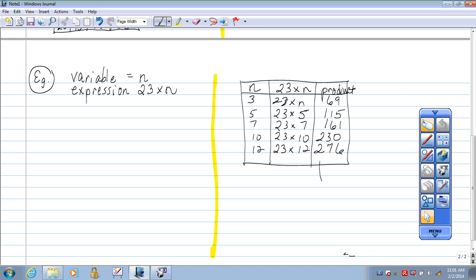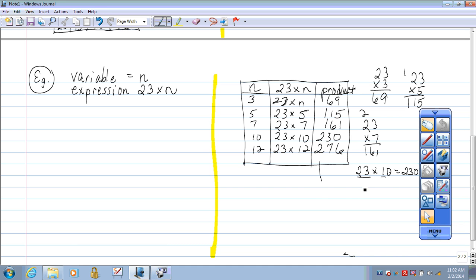So let's look at the math we used for this. The first one was 23 times 3. The second one was 23 times 5. The third one was 23 times 7. 23 times 10 is 23 times 1, place your 0.